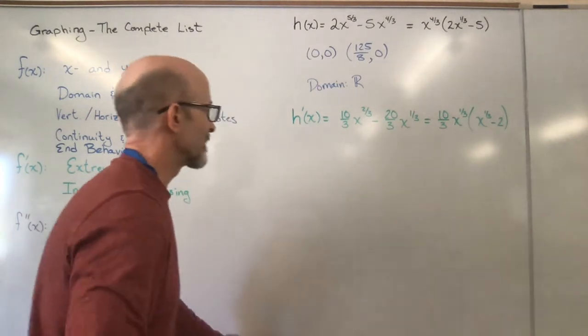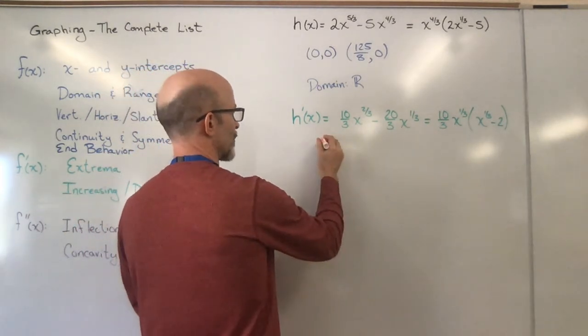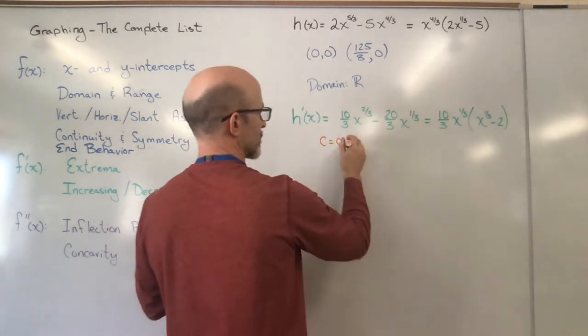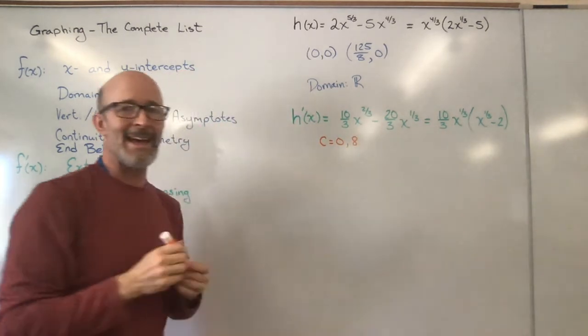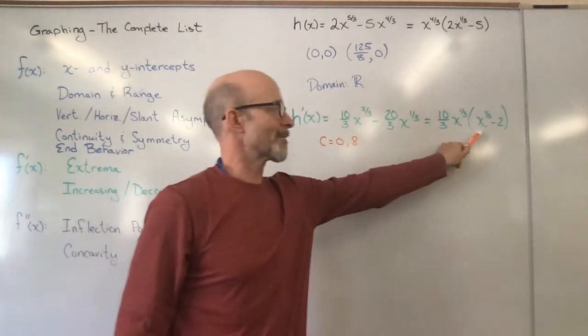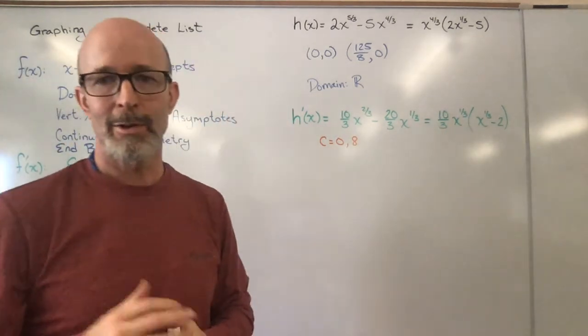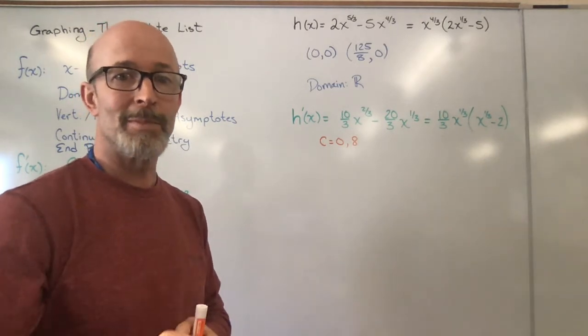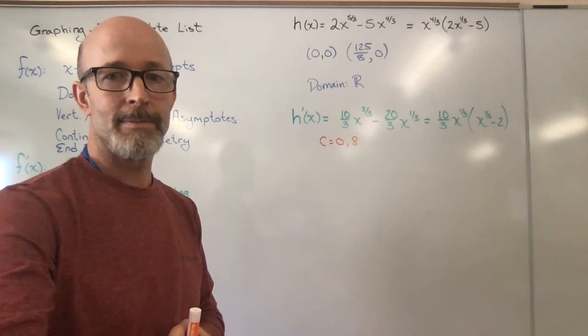That's going to let me know that my critical values here will be 0 or 8. If you let this factor equal 0, you'll find out that x to the 1/3 equals 2. And then if I cube both sides, I get x equals 8.